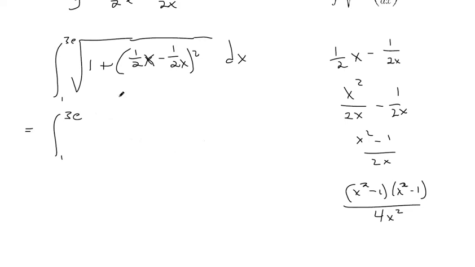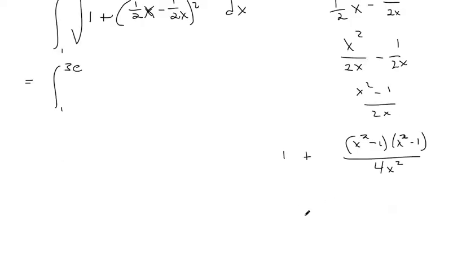And when we add the 1 to it, like it says inside the expression, I can turn this into having common denominators. It's 4x squared over 4x squared plus, and if I expand that top, it's x to the 4th minus 2x squared plus 1 over 4x squared.